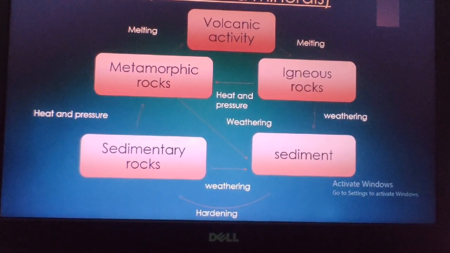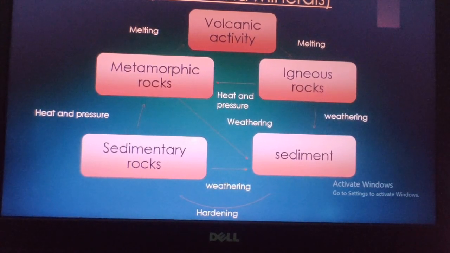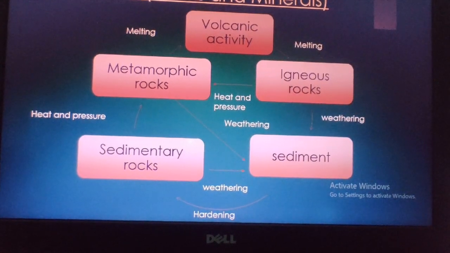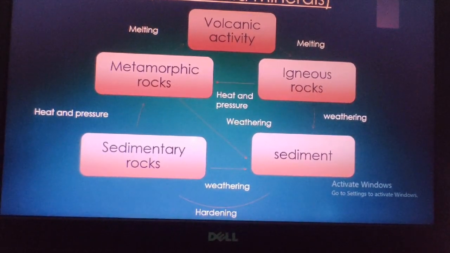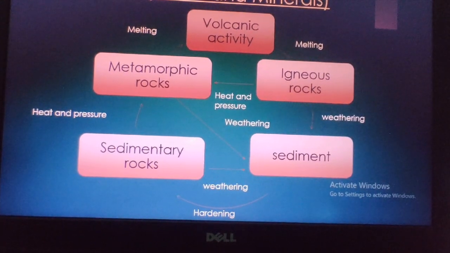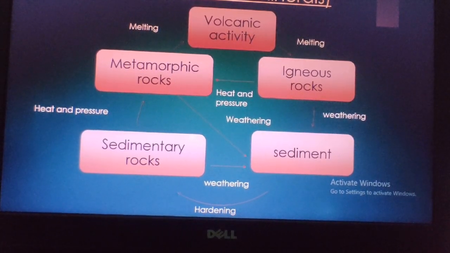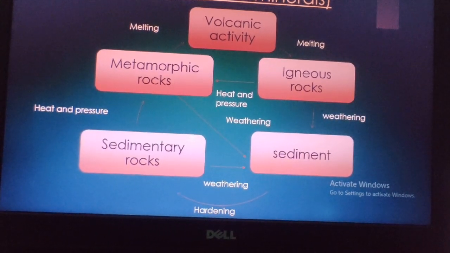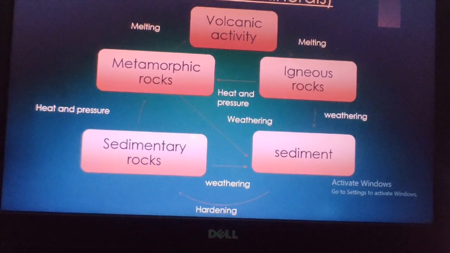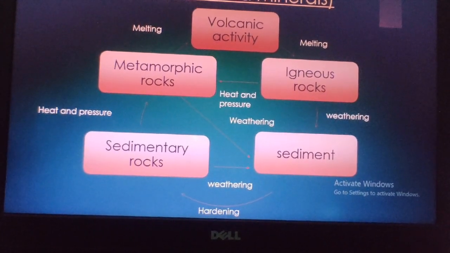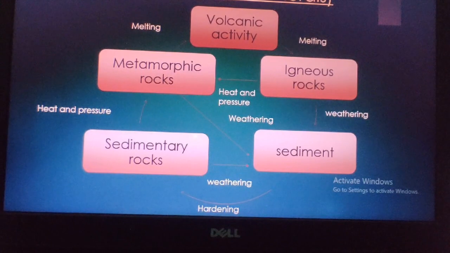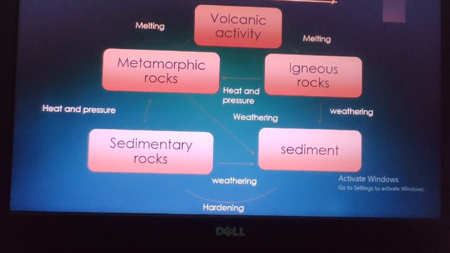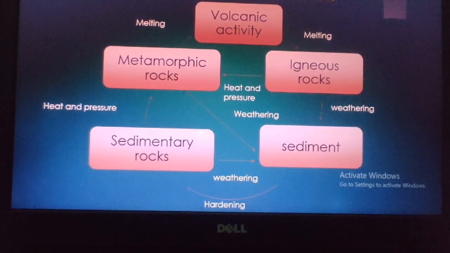On our screen right now we can see a rock cycle. Starting with the volcanic activity, when rocks get melted, they later solidify and turn into igneous rocks. Igneous rocks, due to weathering, break down and turn into sediments.